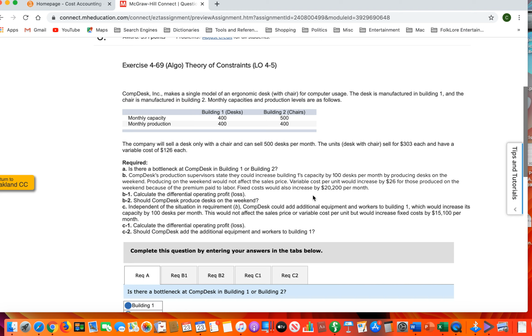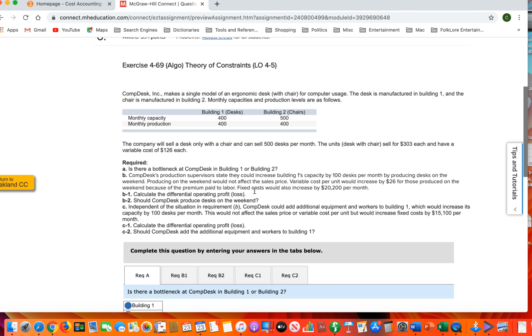Well, let's say that you produce 100 more chairs at 303. So 100 times 303 is 30,300.